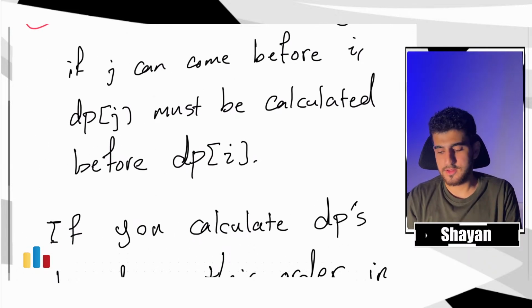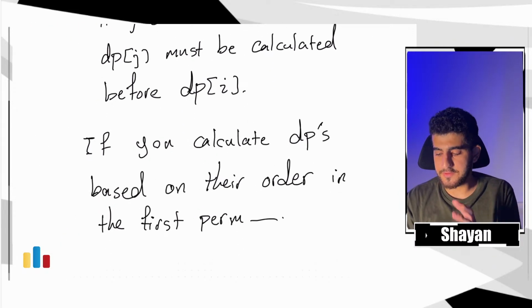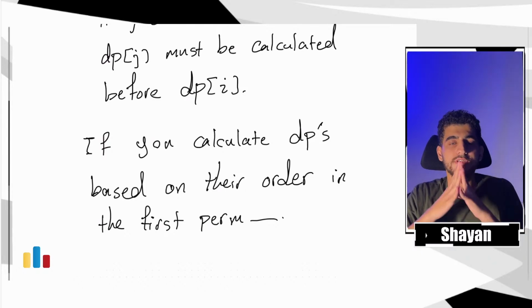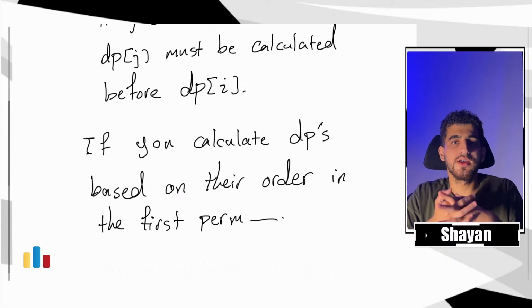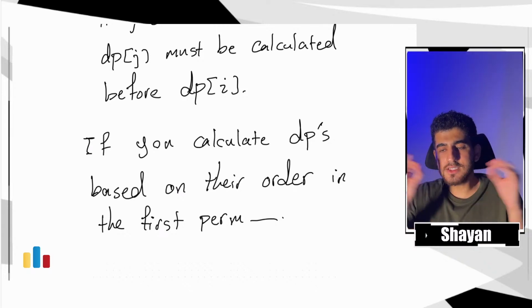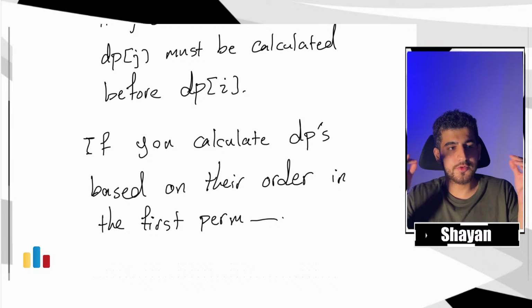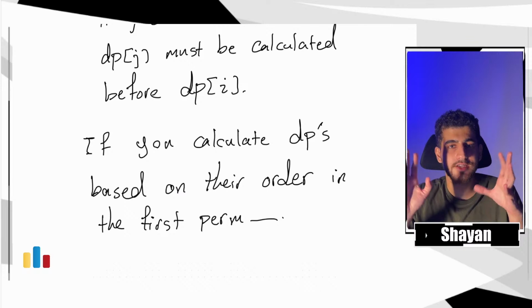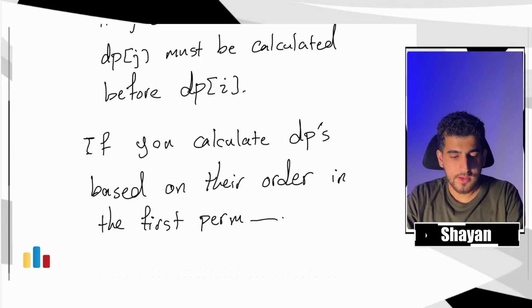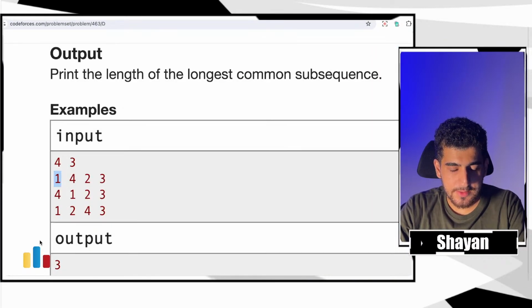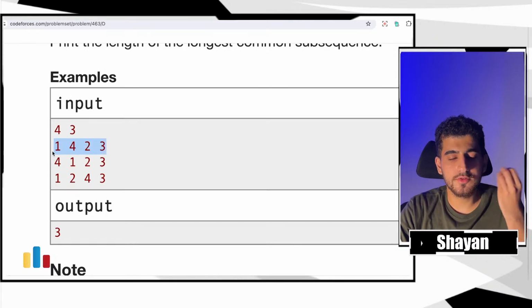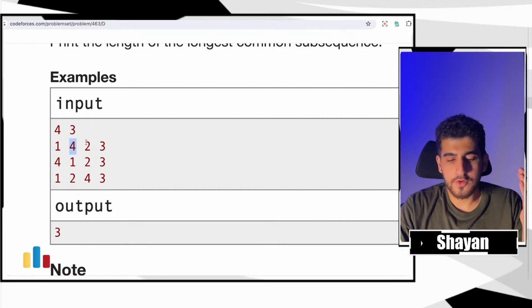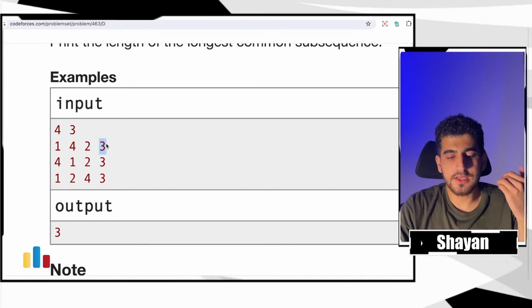So this way, in a very easy way, we make sure that before calculating dp of I, all the dp's of j's are calculated for all the values that come before I. For instance, in this example, the first permutation is 1, 4, 2, 3. So we can first calculate dp of 1, then dp of 4, then dp of 2, and then dp of 3.